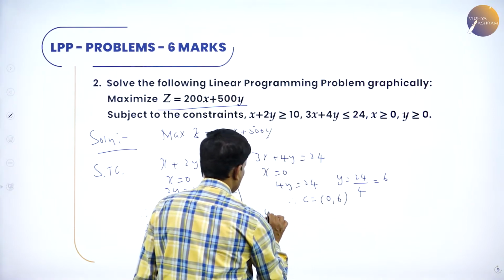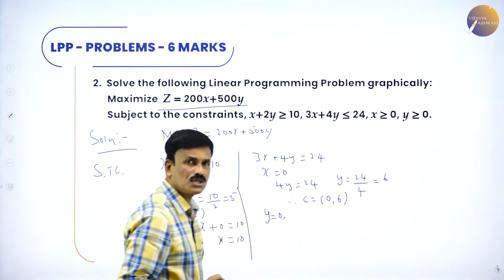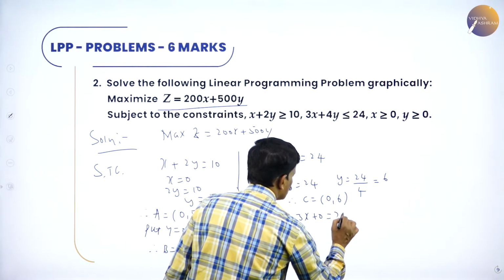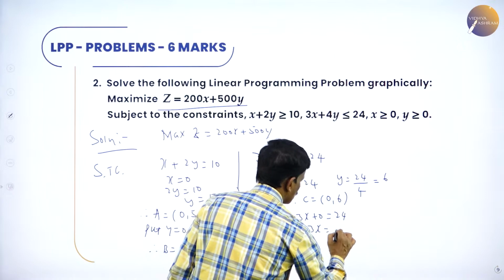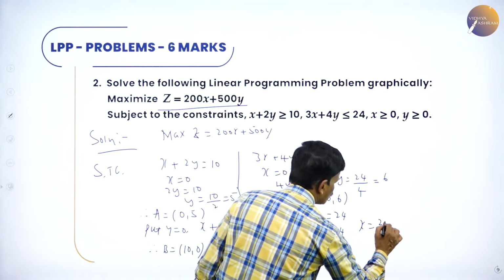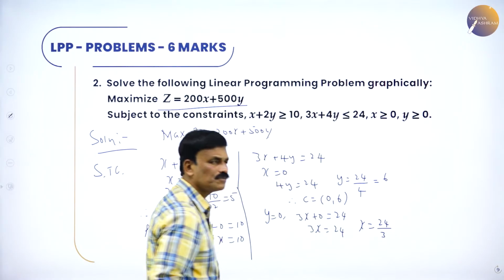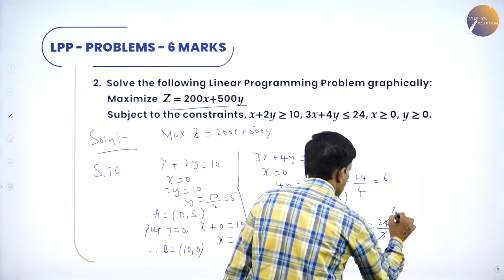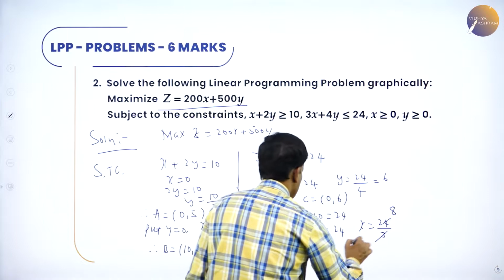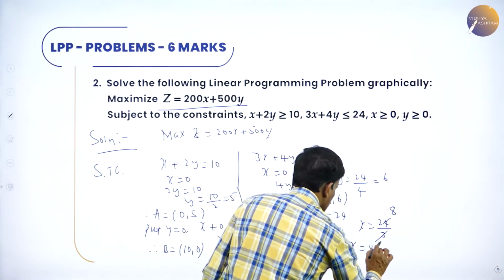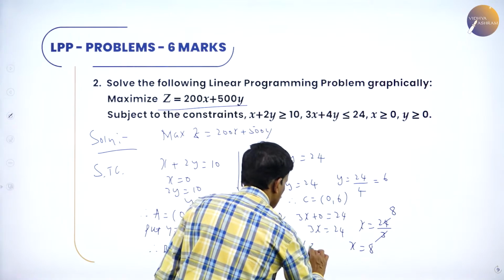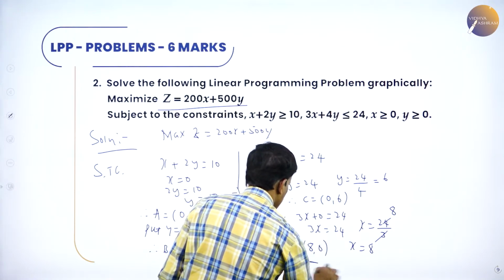Then 3x plus 0 equals 24, 3x equals 24, x equals 24 by 3. Eight 3s are 24, so x equals 8. Therefore, the point D is 8 comma 0.